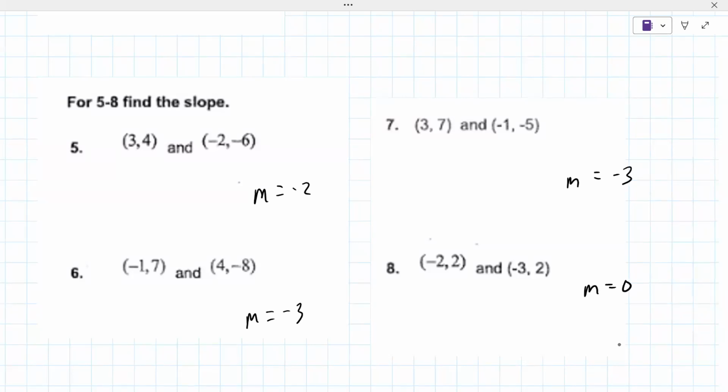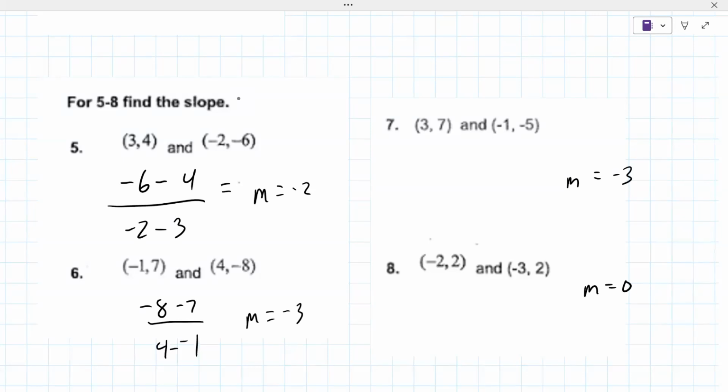Okay, good. I can check these if you need me to, but these look okay to me. I might as well. -6, -4, -2, -3. That is correct. -8, -7. And let's see here, 4 minus a -1.